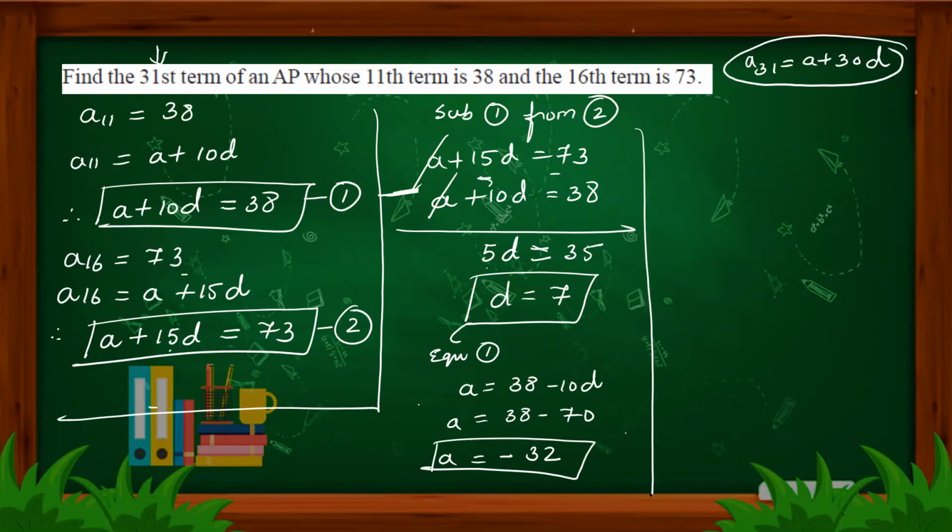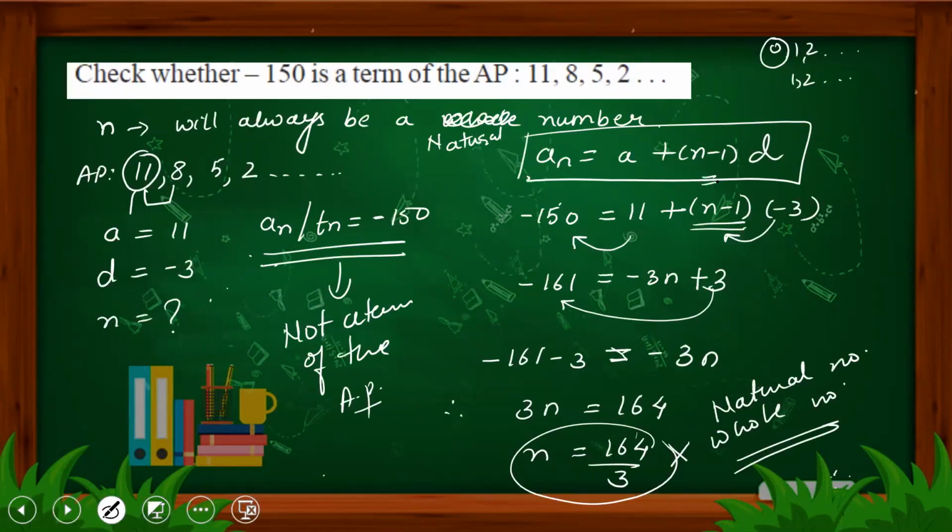So now A31 is equal to minus 32 plus 30 into 7. 7 threes are 21, right?